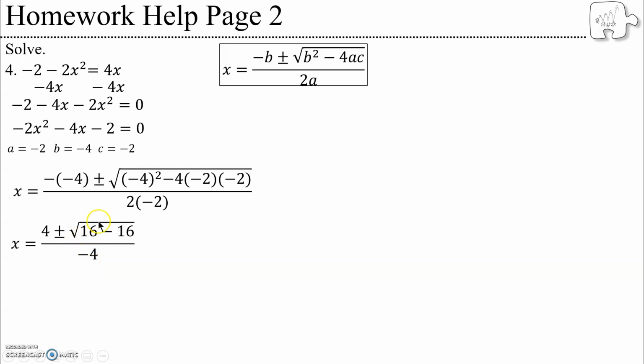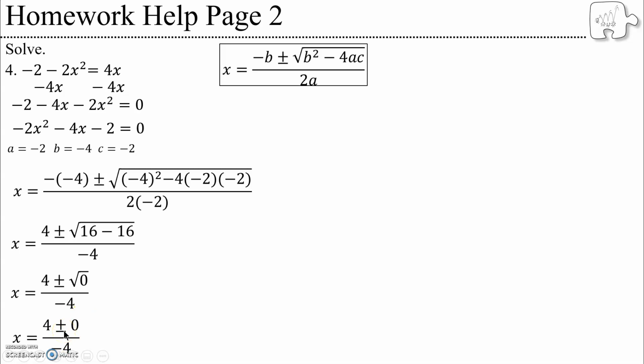Now let's simplify what's inside the square root so we can find it. We have x equals 4 plus or minus the square root of 16 minus 16, which is 0, and the square root of 0 is just 0. Now we can break it up into 2 problems. This is a special case when we get 0 inside the square root, because 4 plus 0 is the same thing as 4 minus 0.